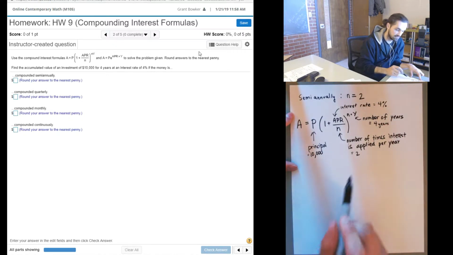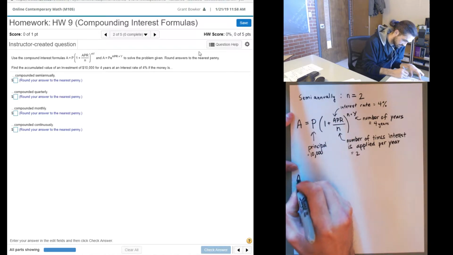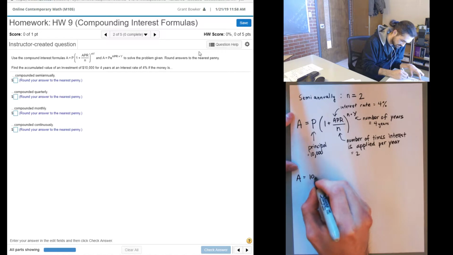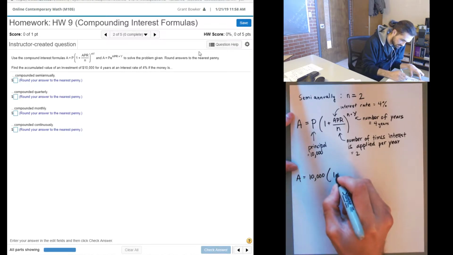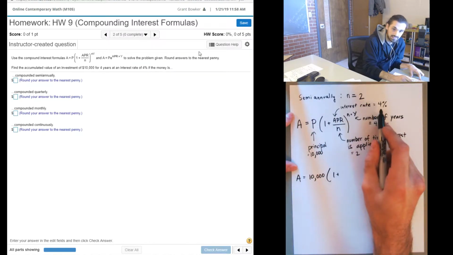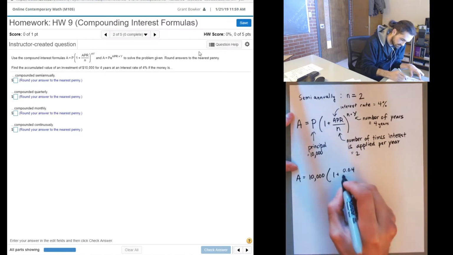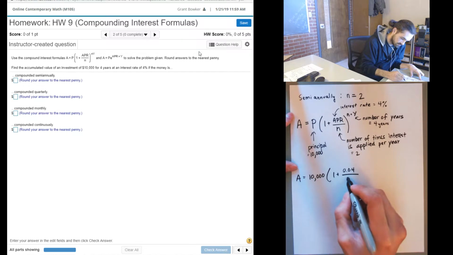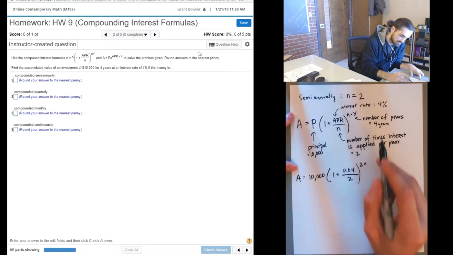So let's go ahead and fill in these numbers into this general equation. So we have A equals 10,000 multiplied by 1 plus APR, which is 4%. Percents are not numbers, percents are comparisons. So this will be 0.04 divided by N, which is 2, raised to the 2 times Y, which is 4.